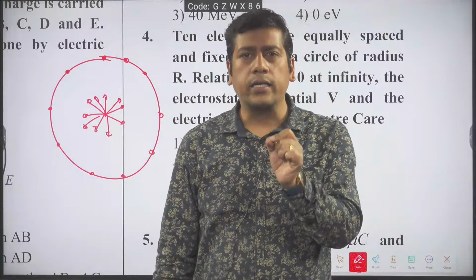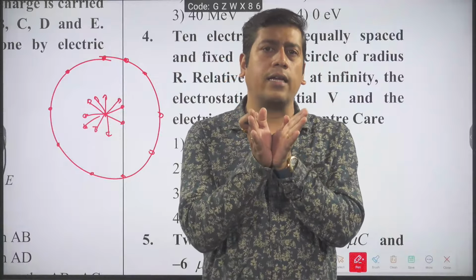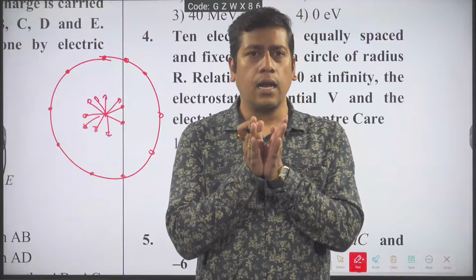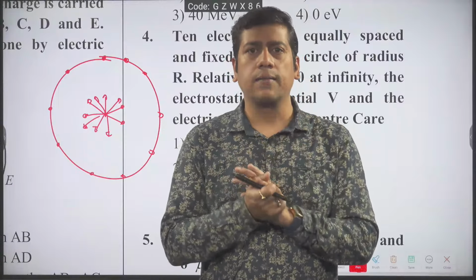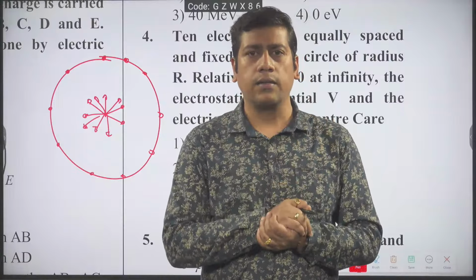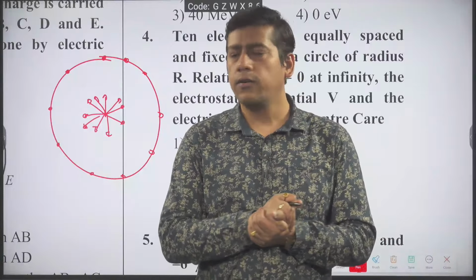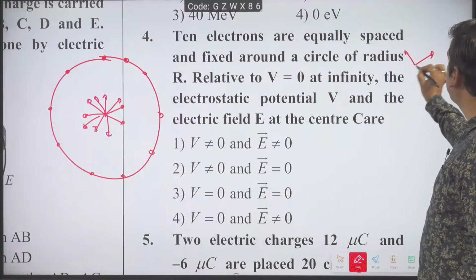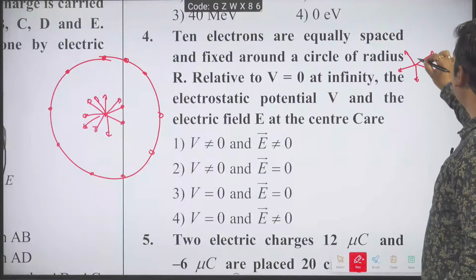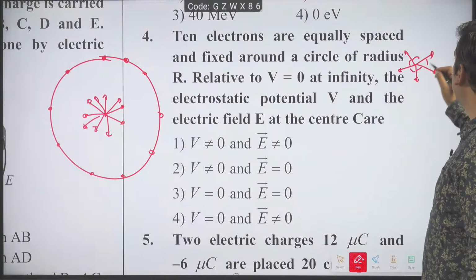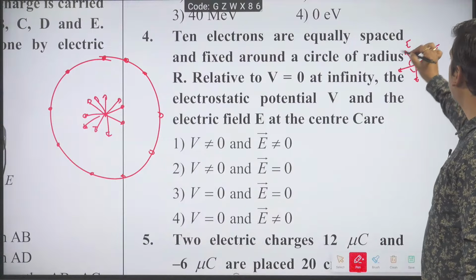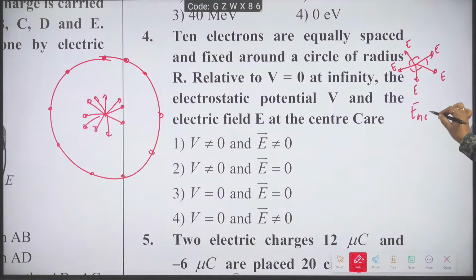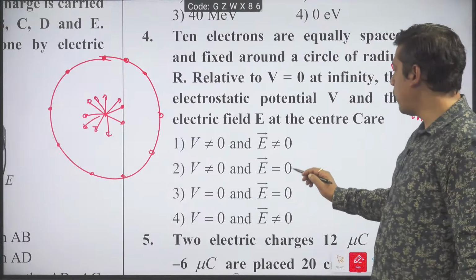When n number of vectors of equal magnitude are inclined at equal angles, then the resultant is always 0. Let's say 6 vectors inclined at equal angle 2 pi by 6, that is pi by 3, that is 60 degrees. Then their resultant is 0, provided the magnitude is also the same. That's why the net field will be 0.